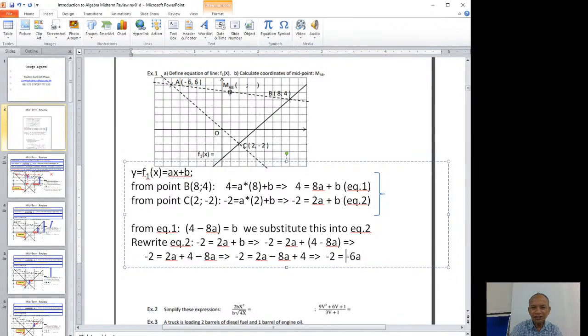Copy this one. Okay, negative 6a. Negative 2 equals negative 6a, and then plus 4. Again, do not let anything drop.